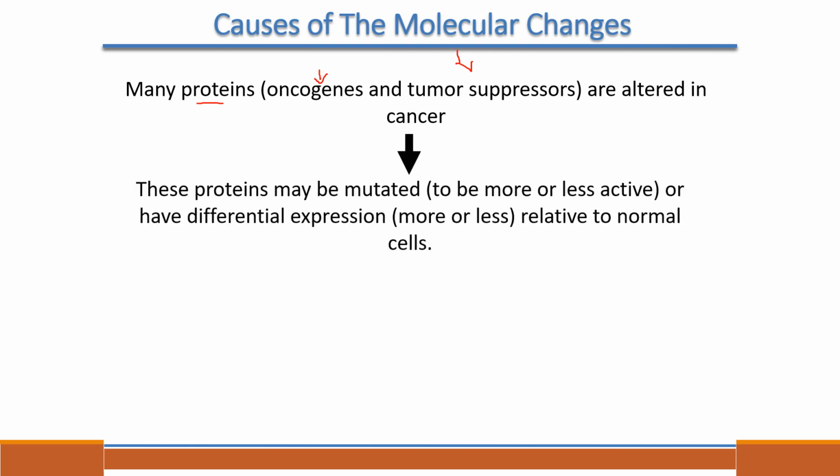Now I'm sure that you know that some of these proteins, when they have mutations, can be more or less active. They can be overexpressed, or they can have a loss of function. But it's not only a mutation in that specific protein for cancer to appear; it could be a change in the pathway.